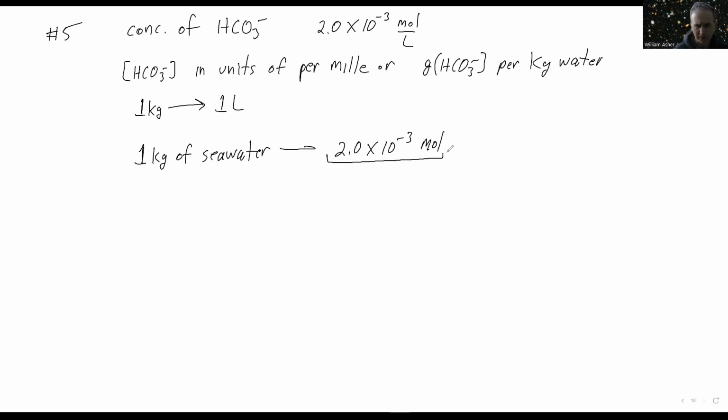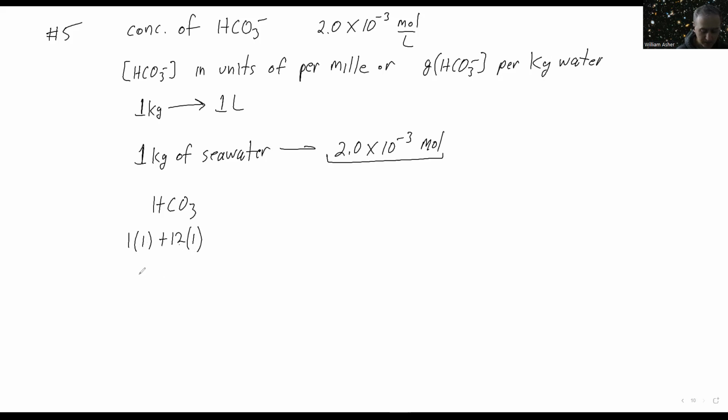So we need to know the molecular mass of bicarbonate. We think back to HCO3: it's 1 times 1 plus 12 times 1. There's 1 carbon, and each carbon atom weighs 12 grams.